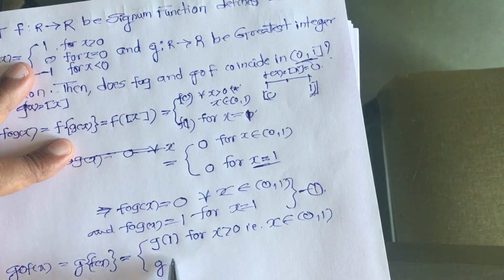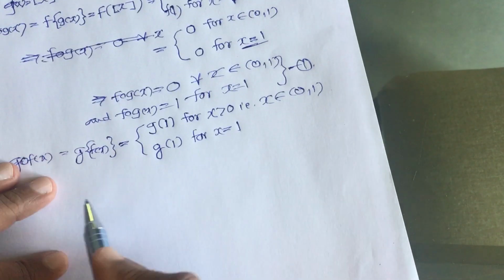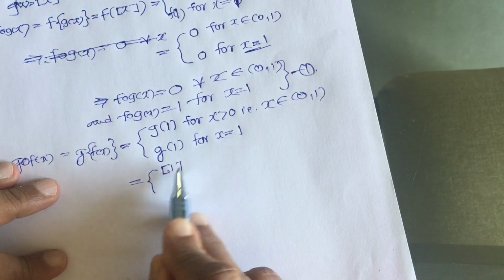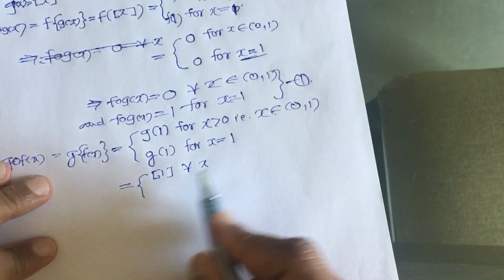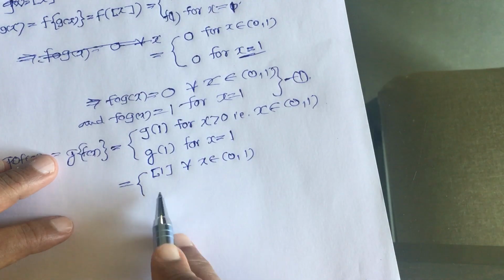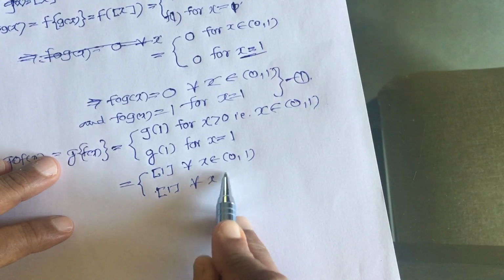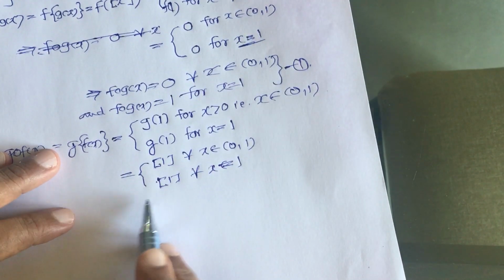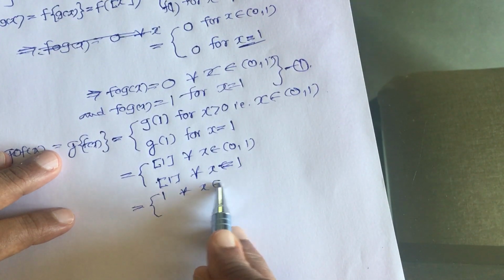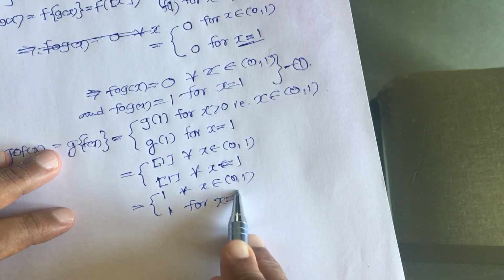So, I write g of 1 for x equal to 1, and g of 1 is square bracket 1, which is 1 for all x in the interval 0 1, and 1 for x equal to 1.